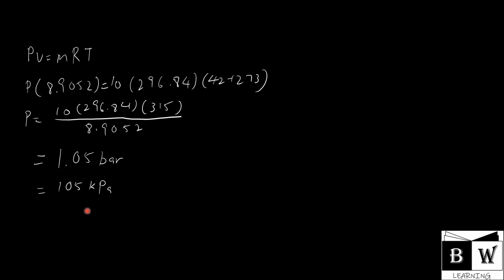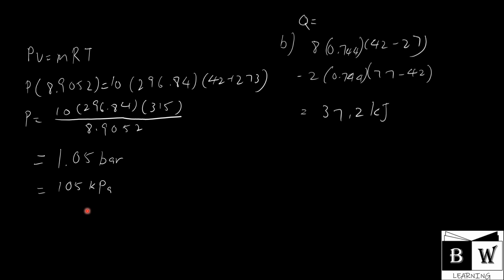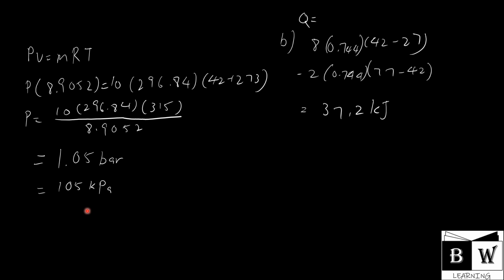So for part B, we need to determine the amount of heat transfer. For carbon monoxide, we can use the thermodynamics table to determine our internal energy. We can use the specific heat constant for constant volume to determine our change in internal energy.